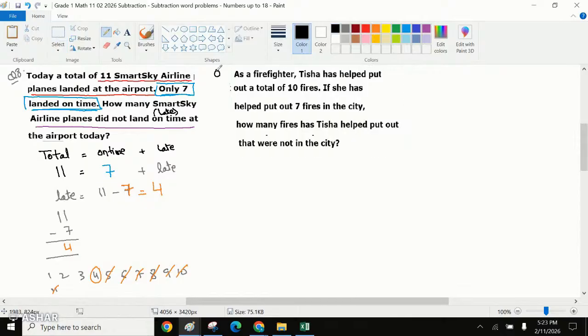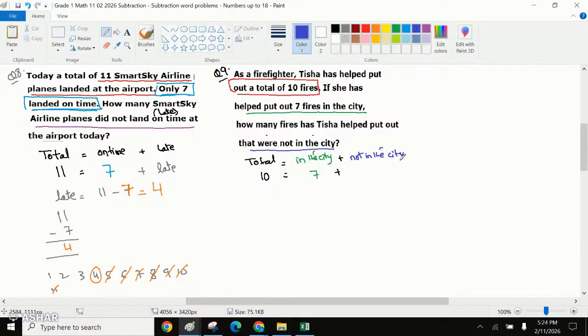Question number 9 says, as a firefighter, Trisha has helped put out a total of 10 fires. Right? So we can say the total was 10. If she has helped put out 7 fires in the city, right? So 7 of them were in the city, plus the remaining, which were not in the city.